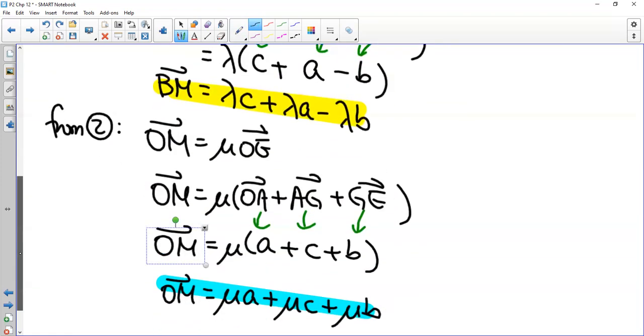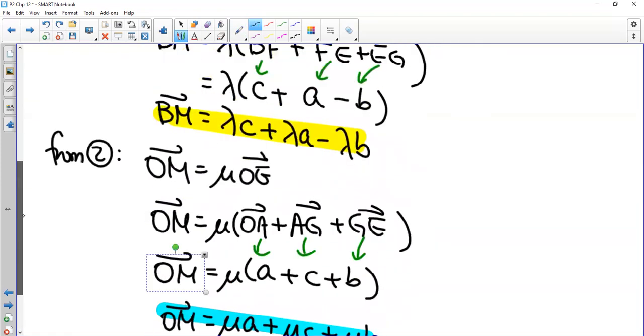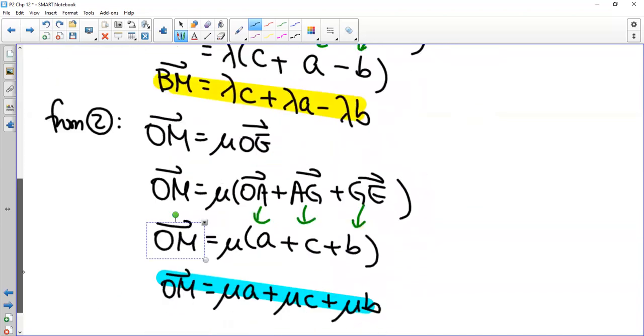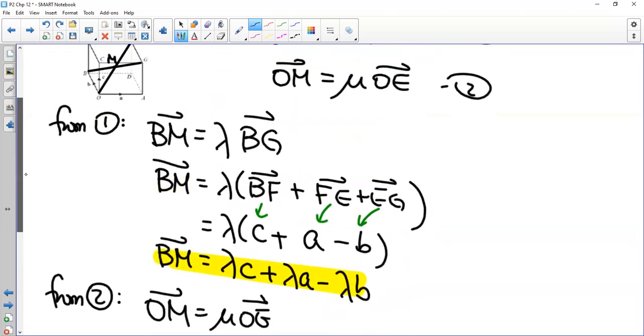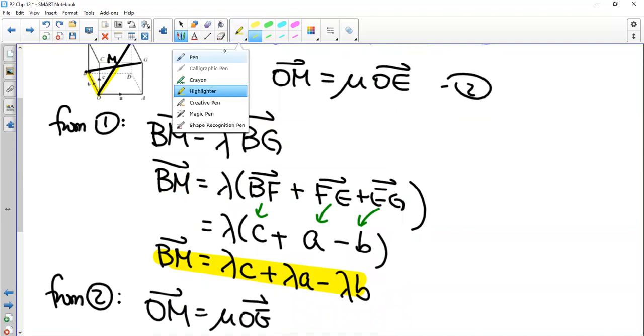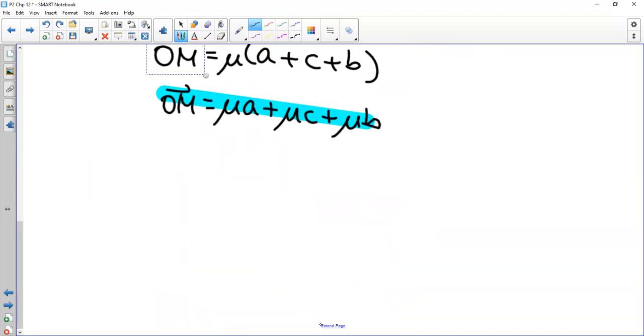So BM and OM. Okay, I need to go from BM that involves OM. So from the cube, you can see I need to go from B to M with the help of O to M. So that will be B to O plus O to M. So I have to rewrite them. So step 3, rewrite BM.